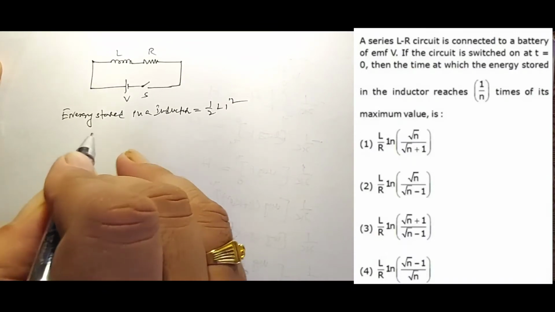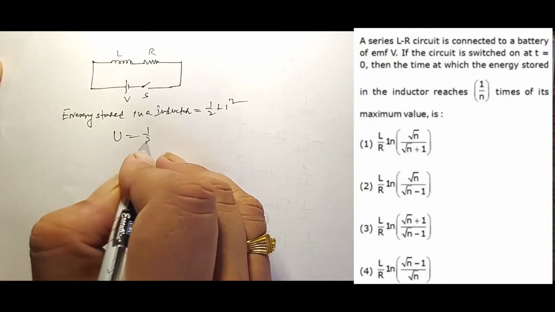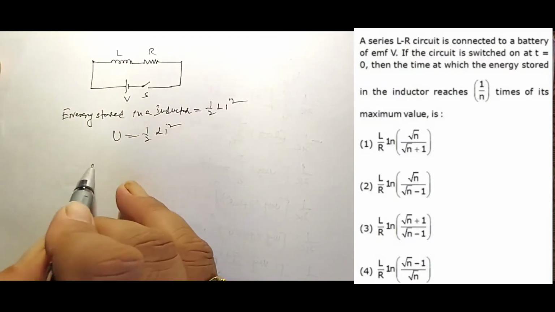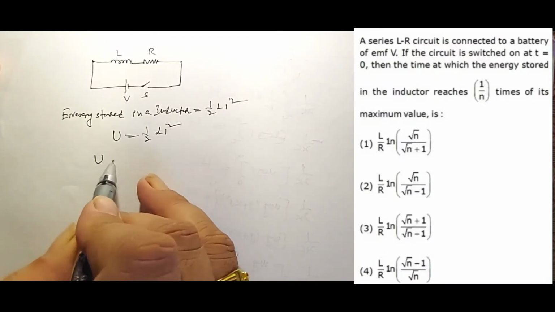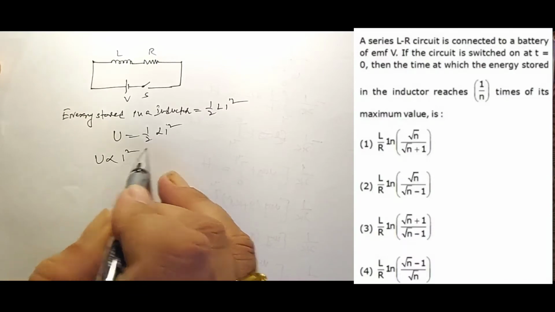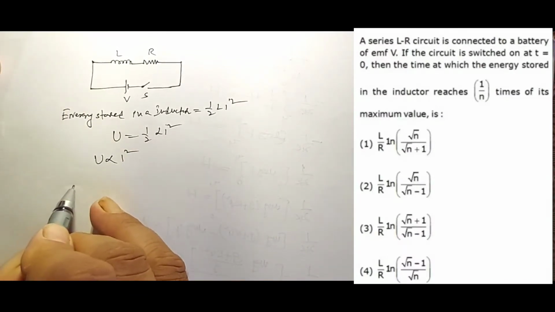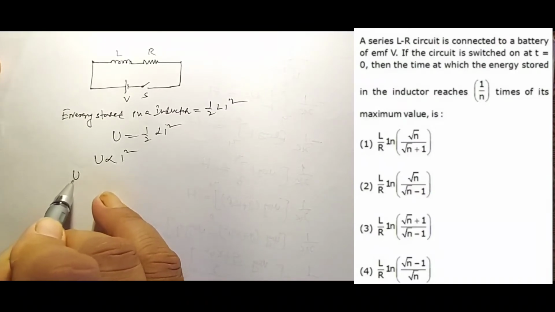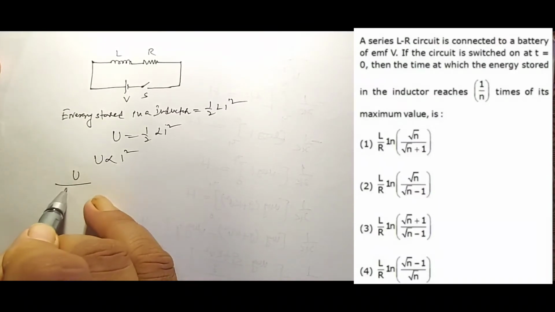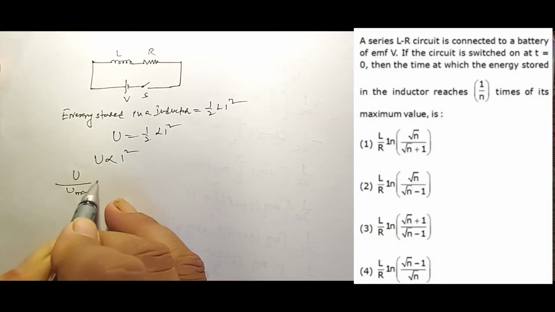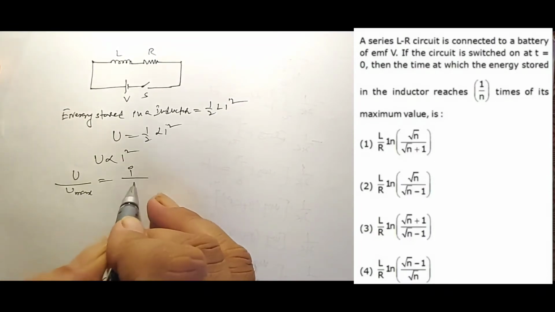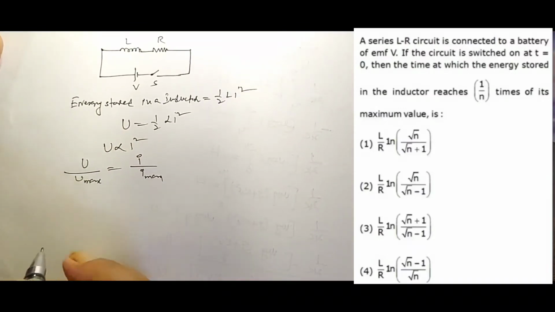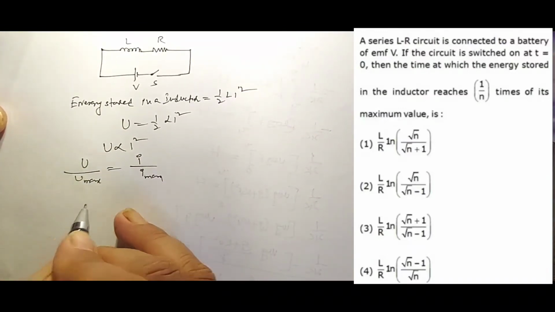That means U is equal to half L i square, so U is proportional to i square. Now we solve this problem as U by U maximum is equal to (i by i maximum) whole square.